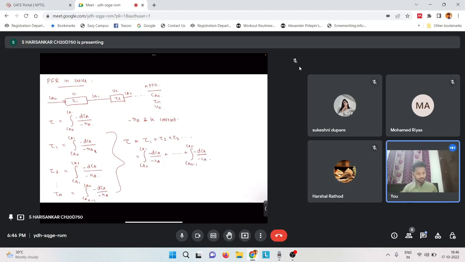So this is basically the integral from CA0 to CAN of minus dCA by minus RA.